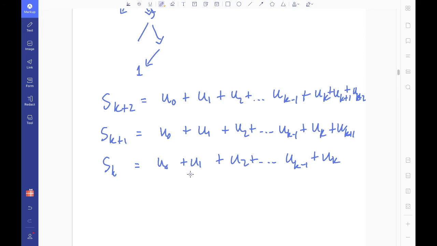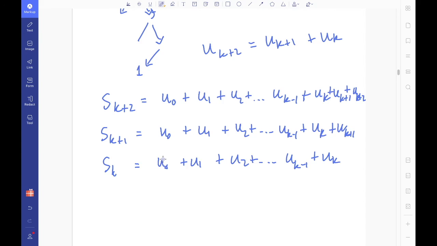Okay, and so when I add sk to sk plus 1, I can always use this rule that uk plus 2 is equal to uk plus 1 plus uk. I can use that rule. That's taken as true for this next part.